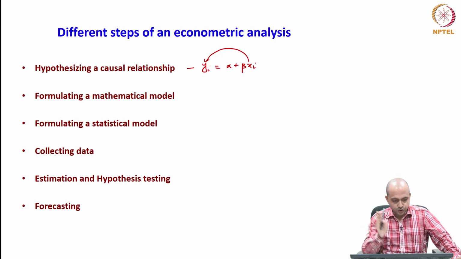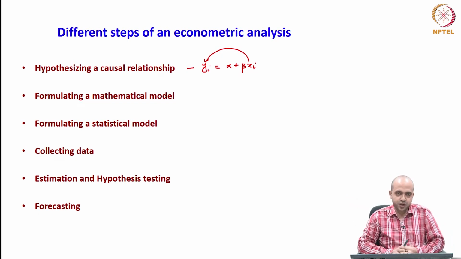Okay. So, our hypothesis here is that we are assuming income causes consumption. That means, when income increases, with an increased amount of income, individuals spend more on consumption. As income increases, consumption also increases, but less than proportionately.